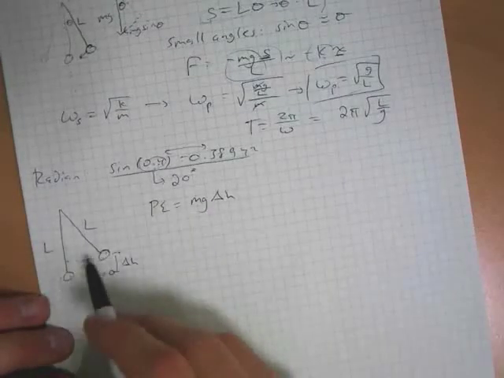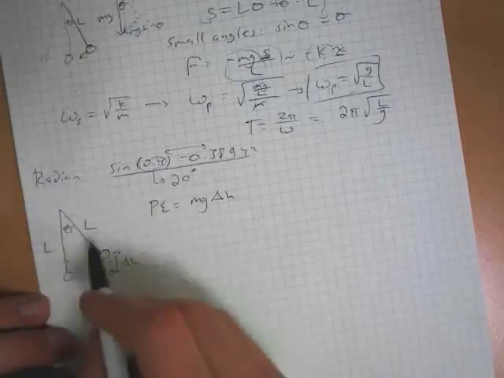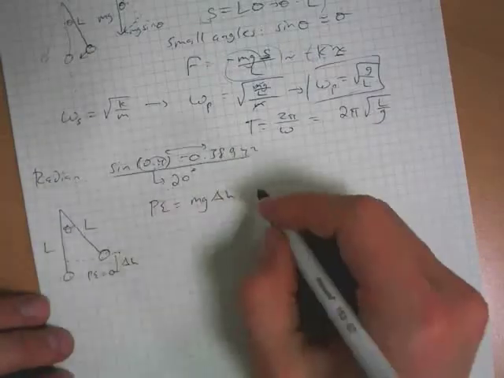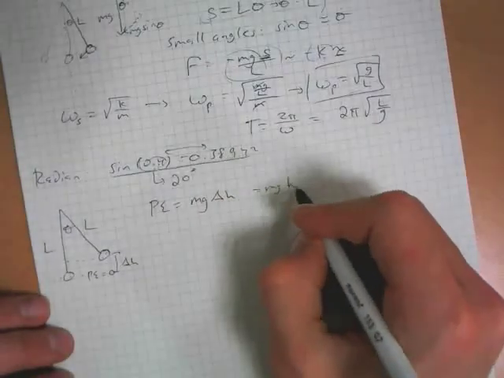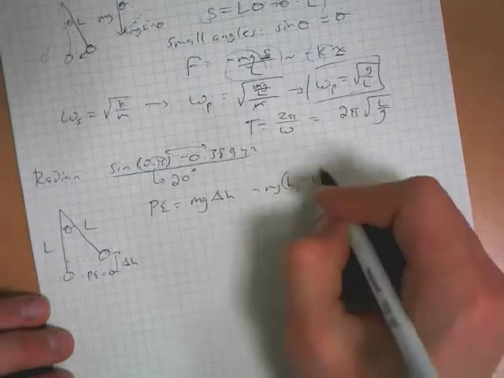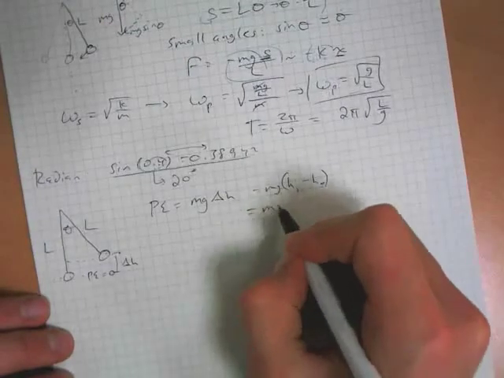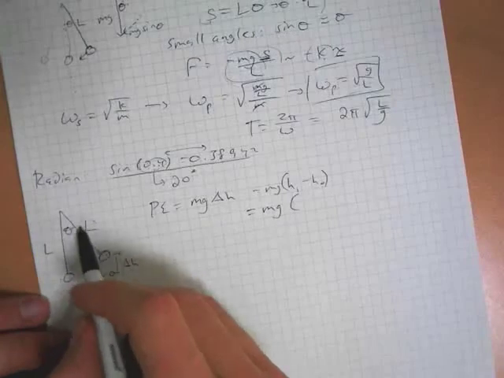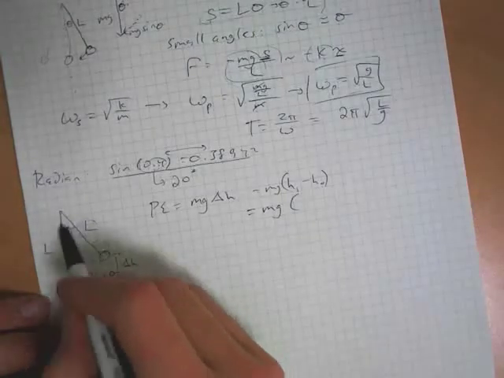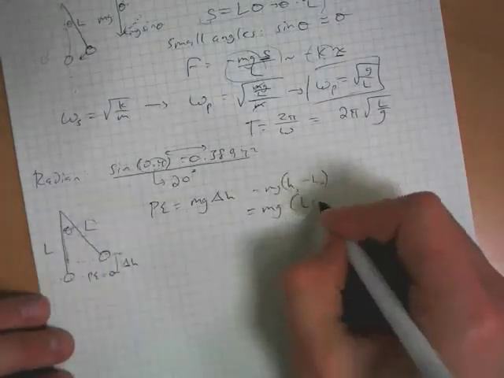Well, if this angle is theta, then this is mg times h1 minus h0, and the height here is this component, which would be L cosine theta.